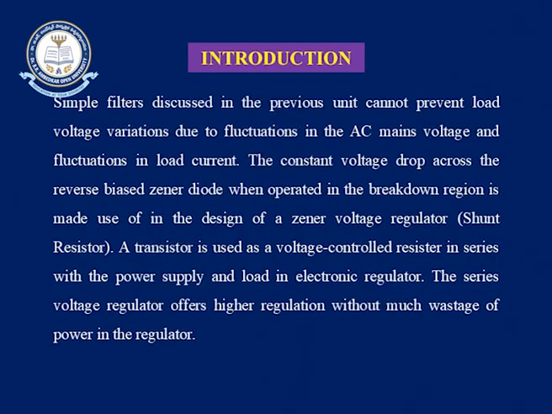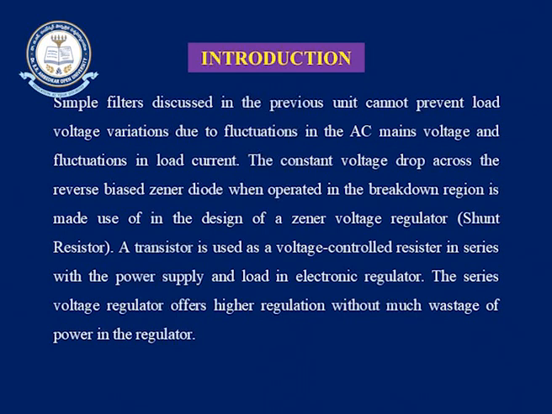The constant voltage drop across the reverse biased Zener diode is the key. The constant voltage across the load resistance is obtained when we use the Zener diode in reverse bias, operated in the breakdown region, which is made use of in the design of a Zener voltage regulator.